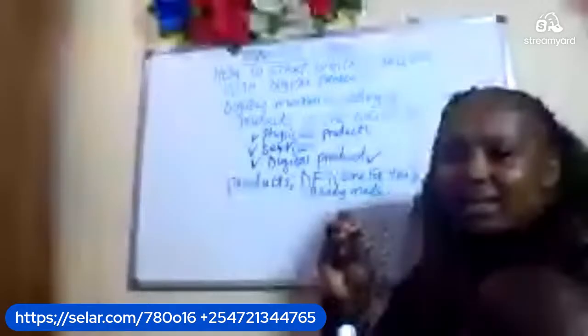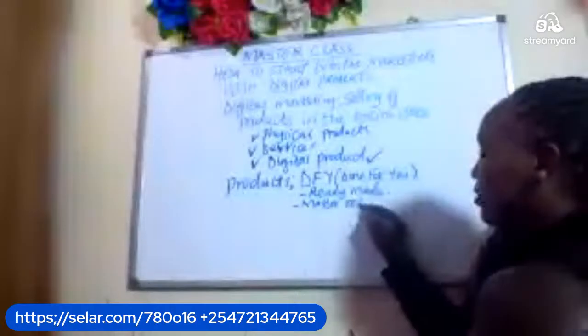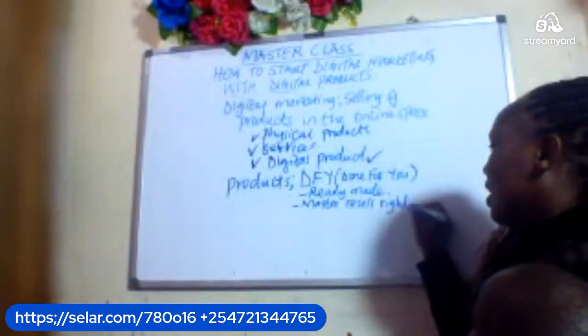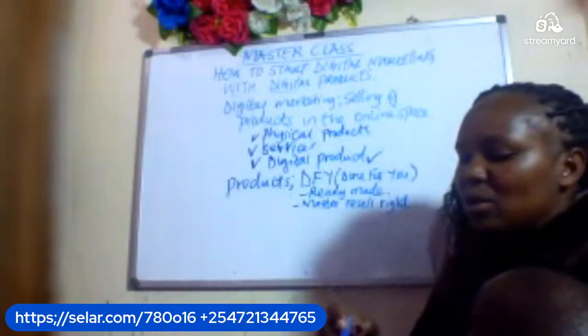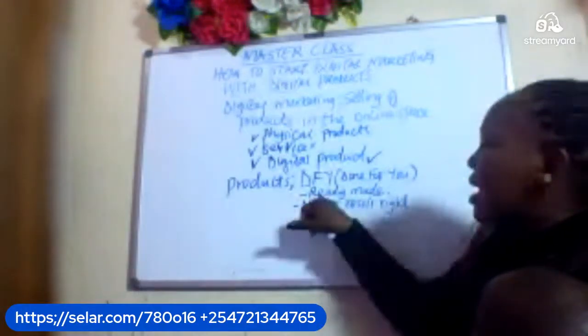And it's something that you can just Google and get it. You can just check on the internet what it is, a master resale right. Now, this is a license that grants a person who buys a digital product the permission to resell that work as if it is theirs, and they get to keep the whole amount.